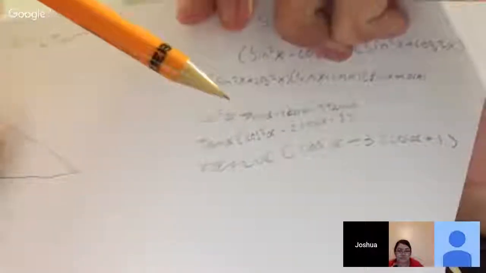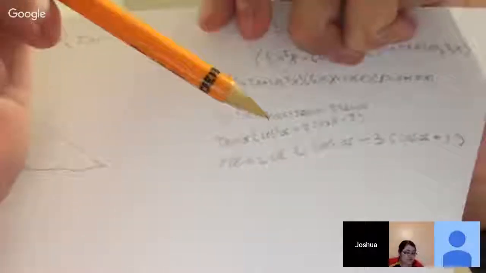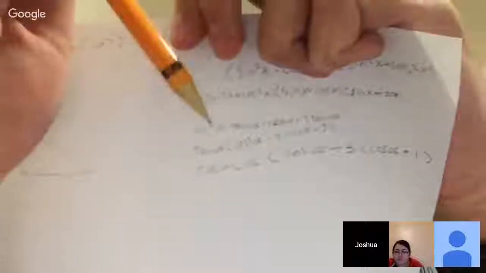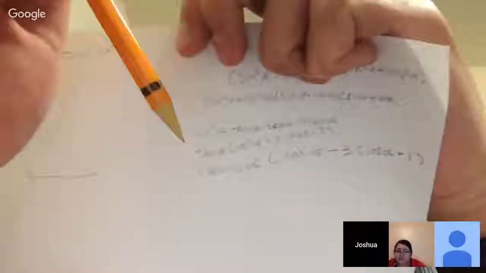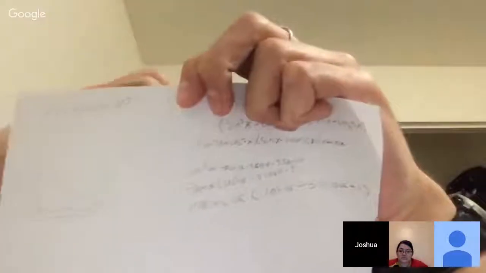So what it is, I think, okay, here we go. We have cosine squared of alpha tangent alpha minus 2 cosine and so on. So you take out a tangent. You're left with cosine squared of alpha minus 2 cosine of alpha minus 3.